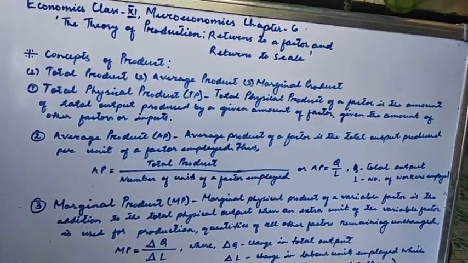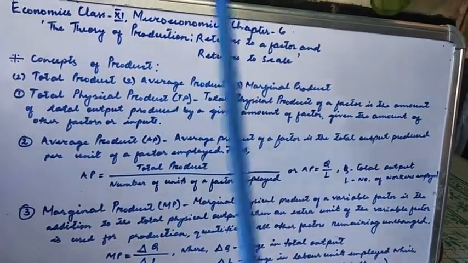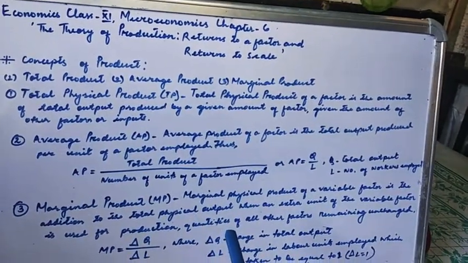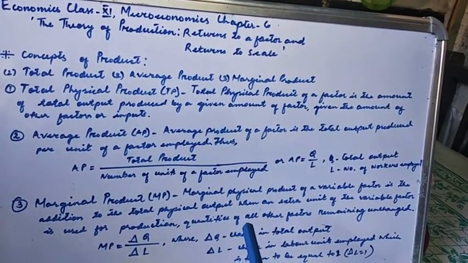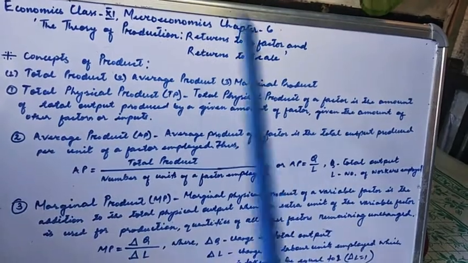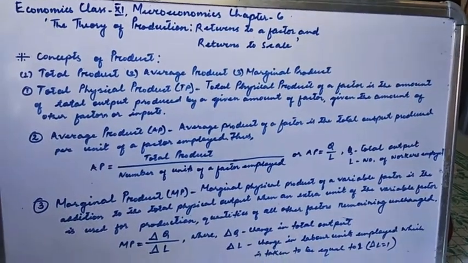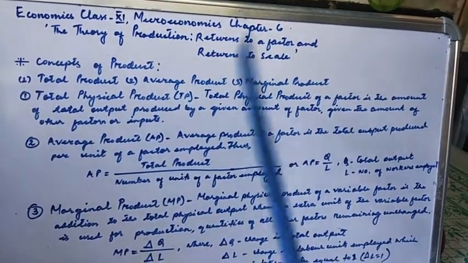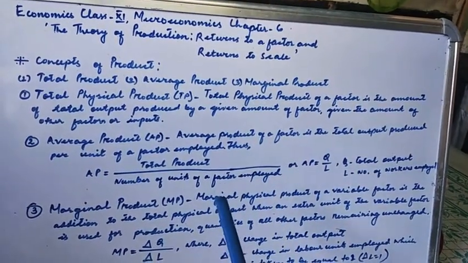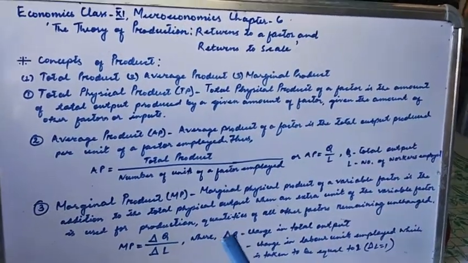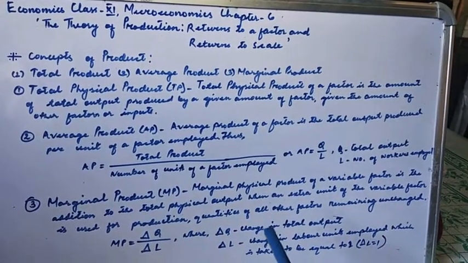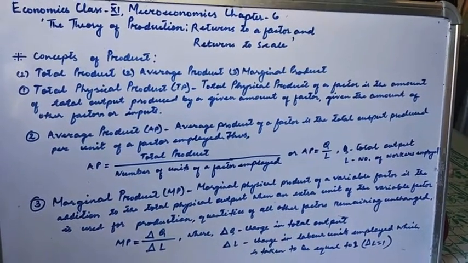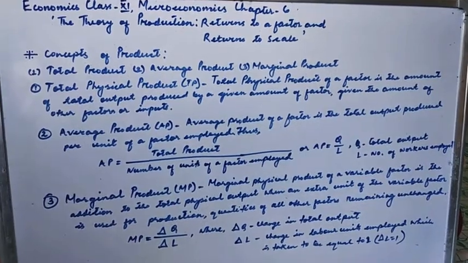So this chapter is talking about a producer's behavior, and we have discussed in the previous chapters, from chapter 1 to 5, a consumer's behavior, or from the consumer's point of view. And now in chapter 6, we are discussing from the producer's point of view.